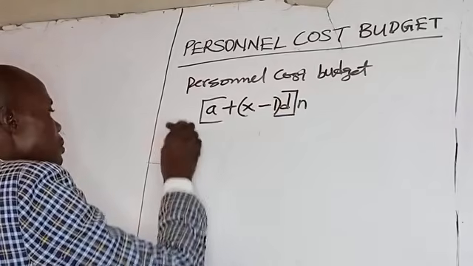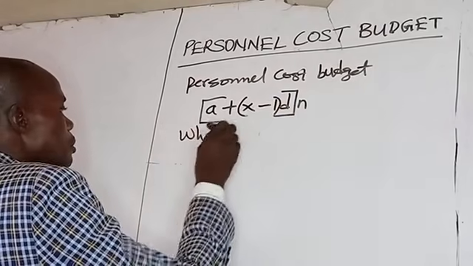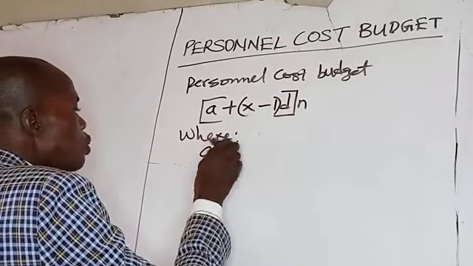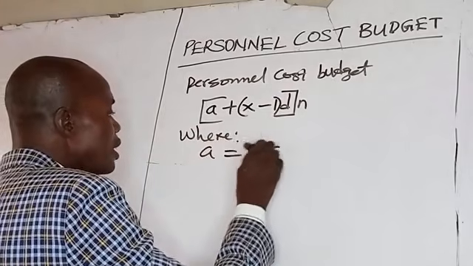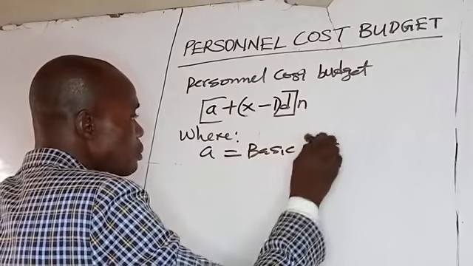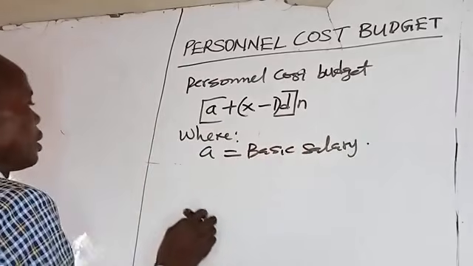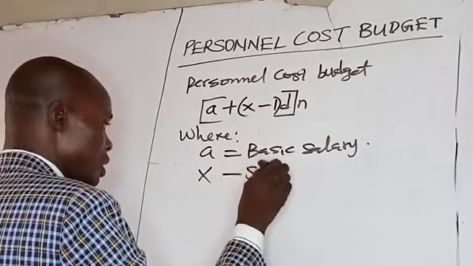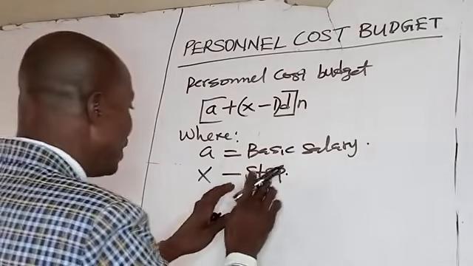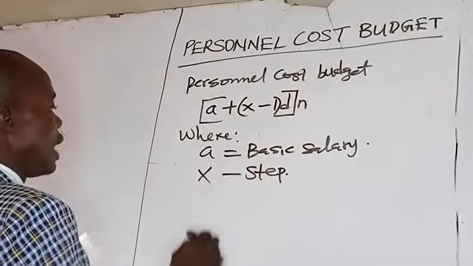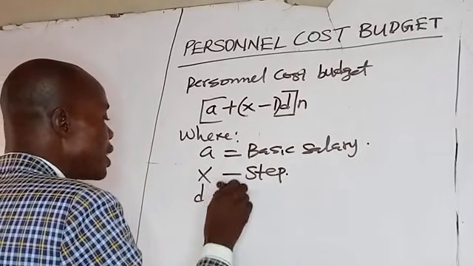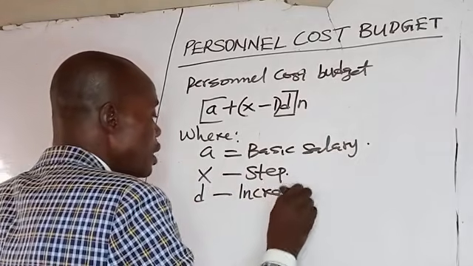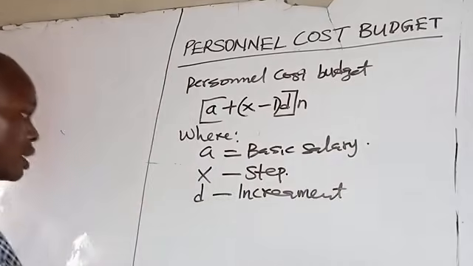Where A equals the basic salary. X is the step in a grade level. Then D is the increment. That is the common difference.